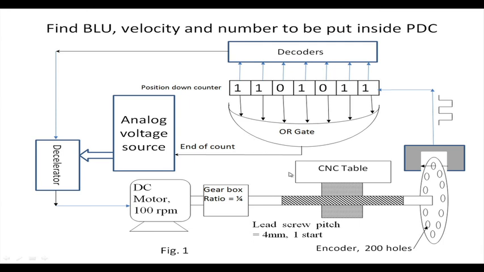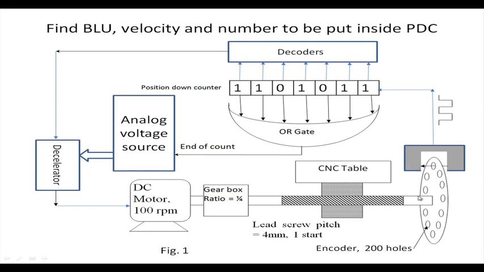So, let us first find out how much the basic length unit is. Here the lead screw pitch is 4 millimeters and it is single start, slightly different from the previous setup. So, 4 millimeters of movement is carried out due to one rotation of the lead screw, and at the same time 200 holes pass between the light emitting device and the photoreceptor.